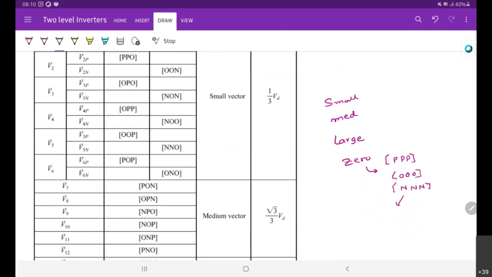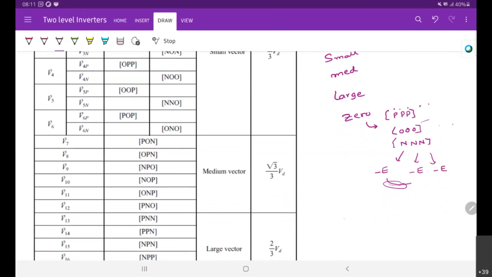The A phase switching state is negative, so it will produce minus E. Here it is connected to minus E, and here it is minus E. So from the line point of view, the ultimate output voltage is 0. This is connected to 0, 0, 0, and this is connected to E, E, E. This is A phase, B phase, and C phase, same as what we discussed.